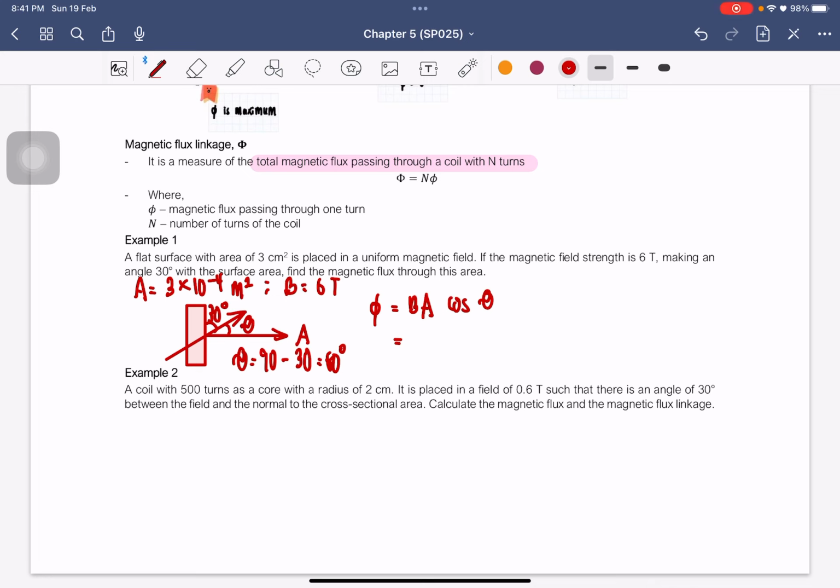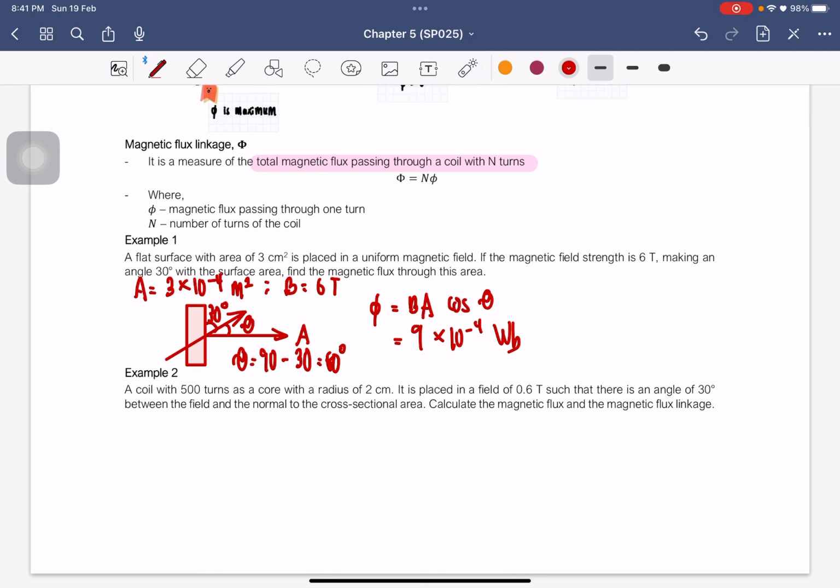So, from here, you will then get the value of 6.53 times 10 to the power of negative 4 Weber. Okay, so the formula is Weber. Sorry, it's wrong. It's 9 times 10 to the power of negative 4 Weber. Alright, so that is the answer.